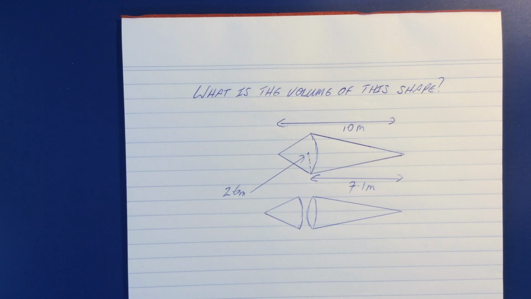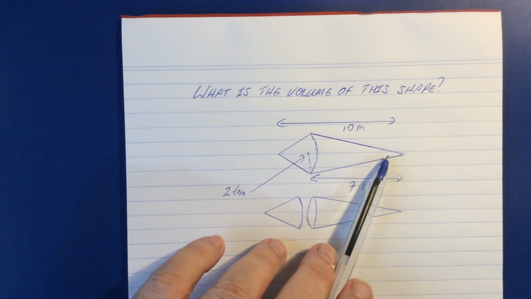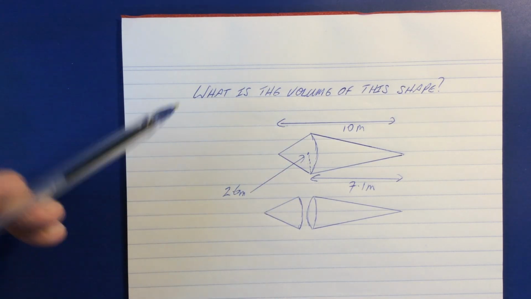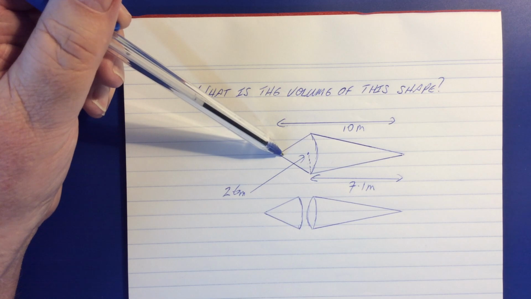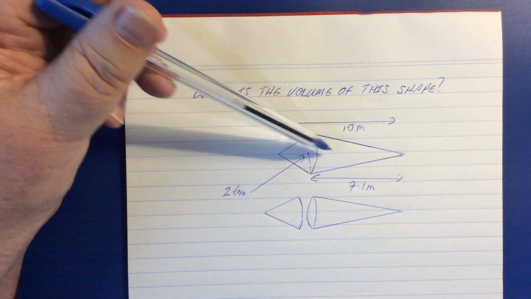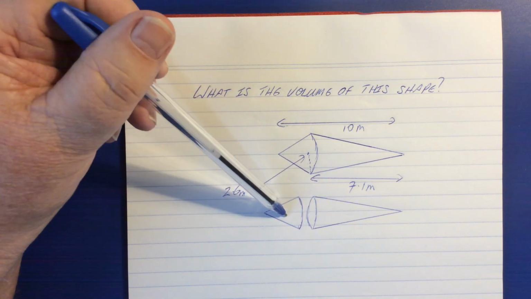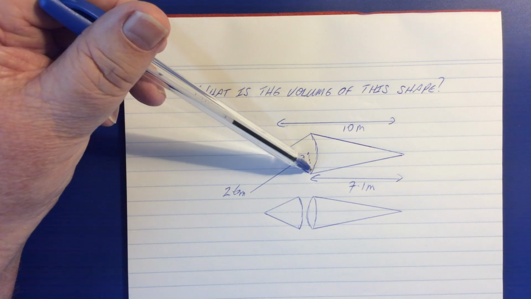Today we're trying to find the volume of this shape, which I guess you'd describe as a dual-ended cone. The measurements are overall 10 meters end to end. Each of the constituent parts, which you can see broken up here, has a radius of 2.6 meters.